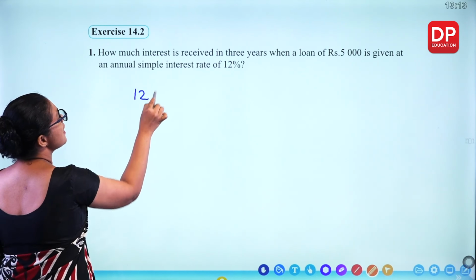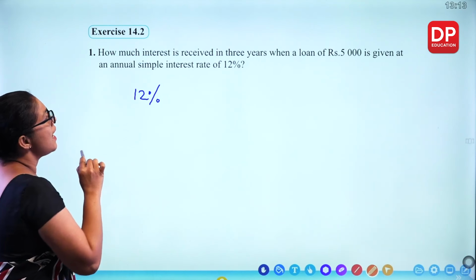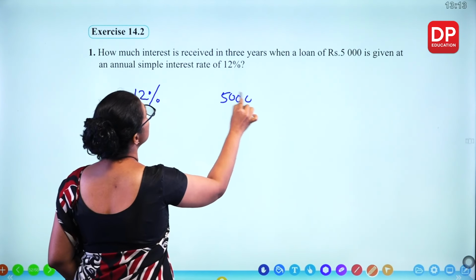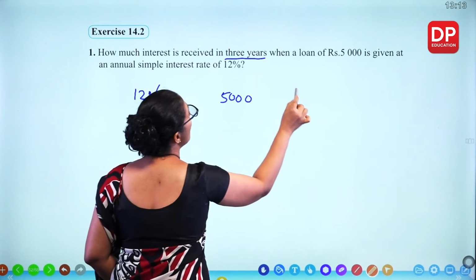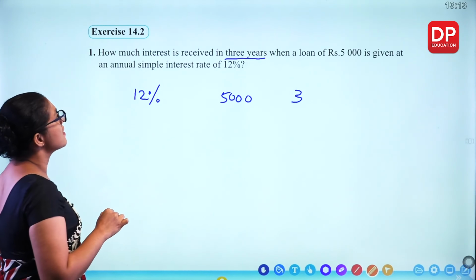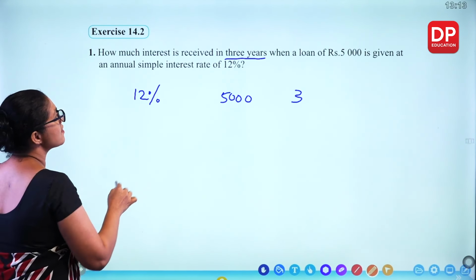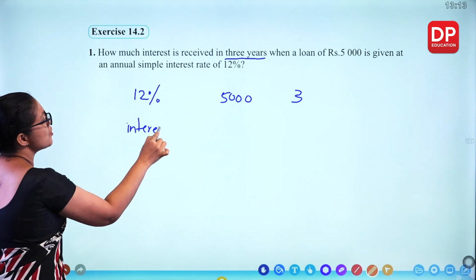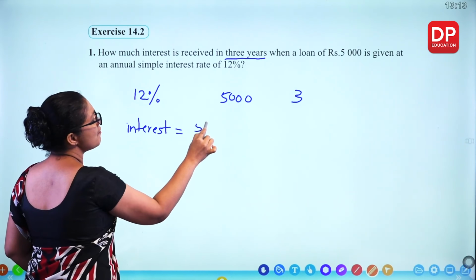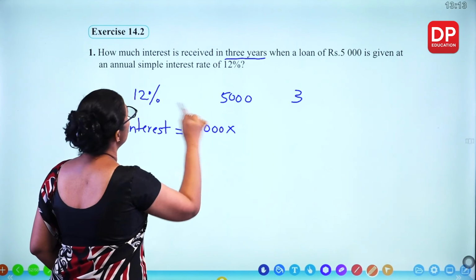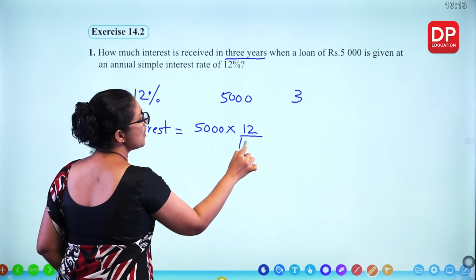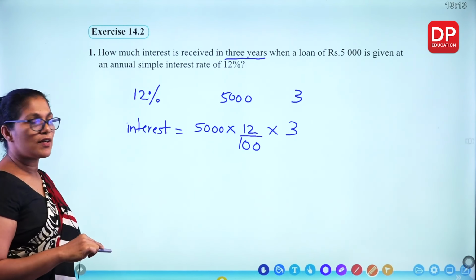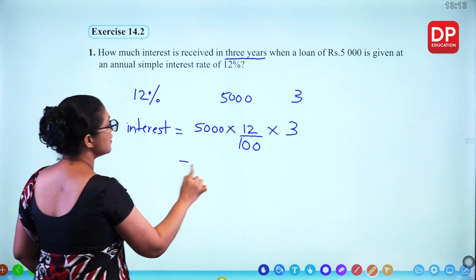So the interest rate is 12% and the loan amount is 5,000 for 3 years. This is simple interest. So interest is equal to the value multiplied by 12%, 12 over 100, and you have to multiply by 3 because it's for 3 years.